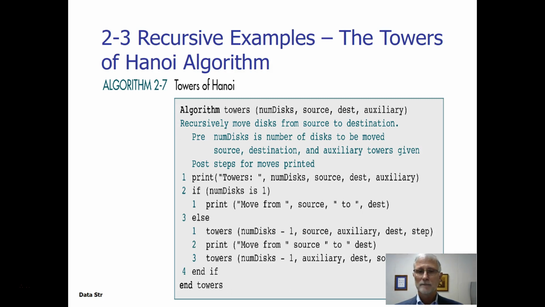Since you only have 3 of them, that you already know. And then once it's done, you're going to print the steps for the moves. So we're going to start off with a print: give me my title, and basically say how many disks I started with, what's my source, what's my destination. So I'm going to print the input that we were given.